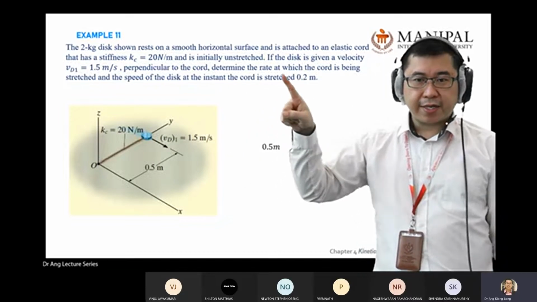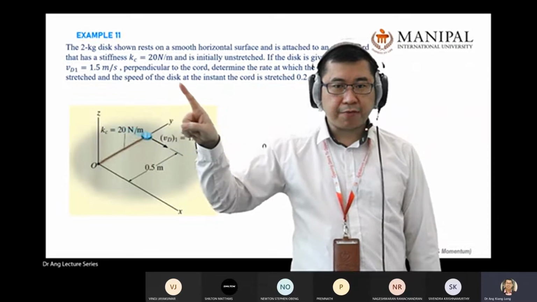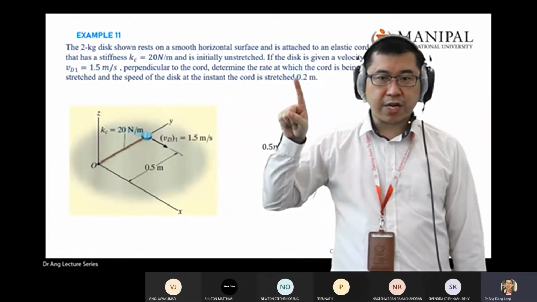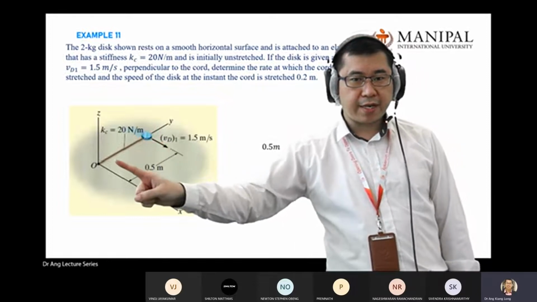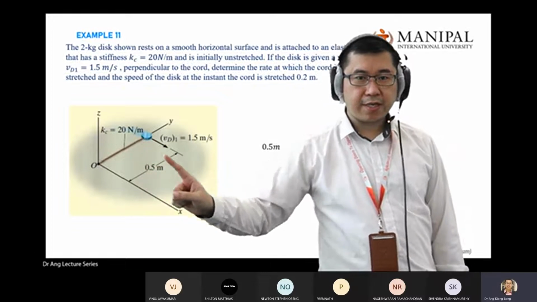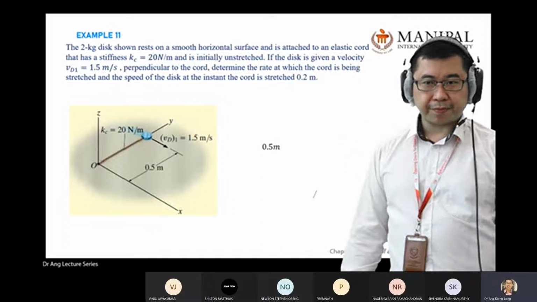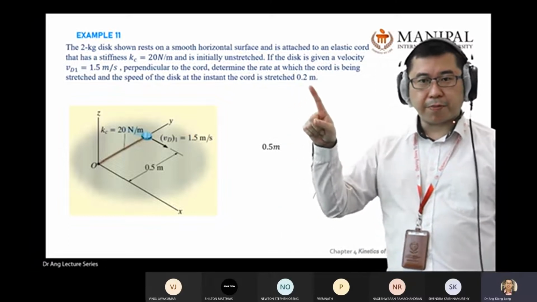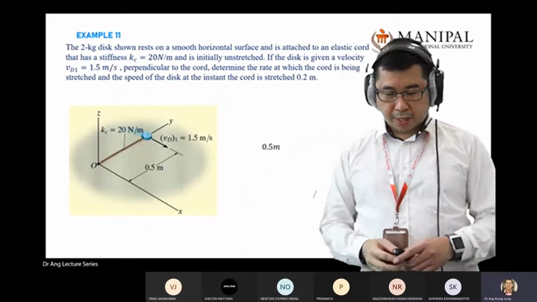Determine the rate at which the cord is being stretched and the speed of the disc at the instant the cord is stretched 0.2 meter. You want to find the speed when the length of this rubber cord stretches to 20 cm, or 0.2 meter.